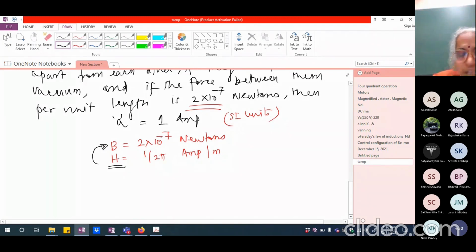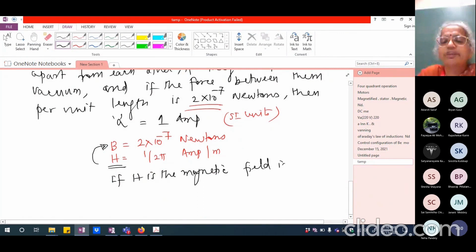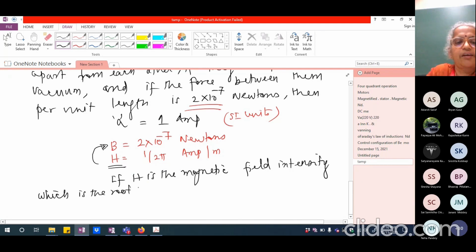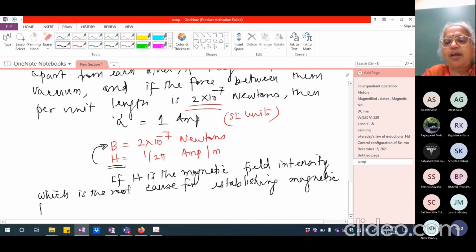If I am talking about it as B, then it is Weber per meter square. If I am talking about it as the force, then it is newtons. So I should say if H is the magnetic field intensity, which is the root cause for establishing magnetism or magnetic flux in free space.